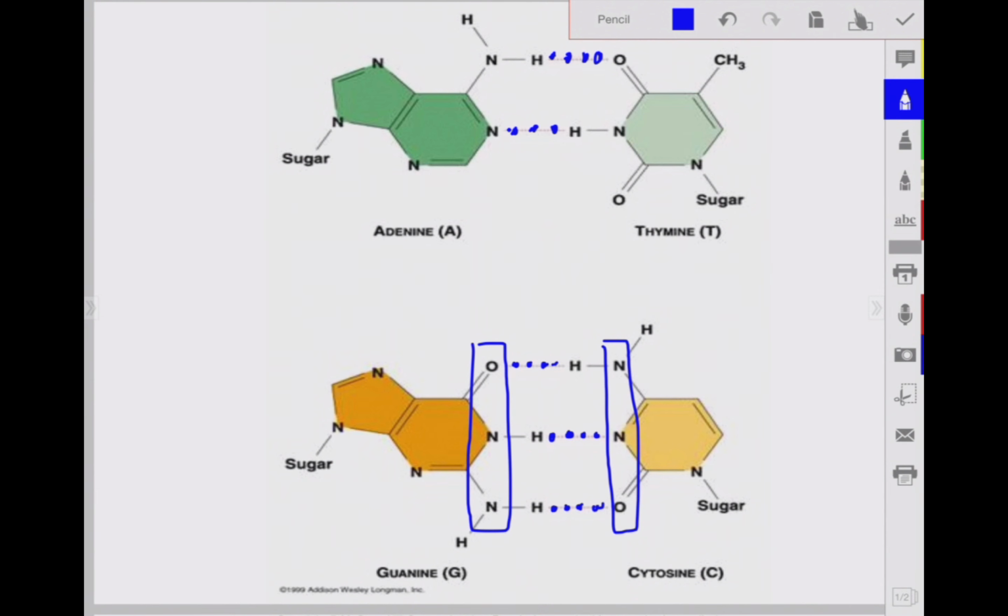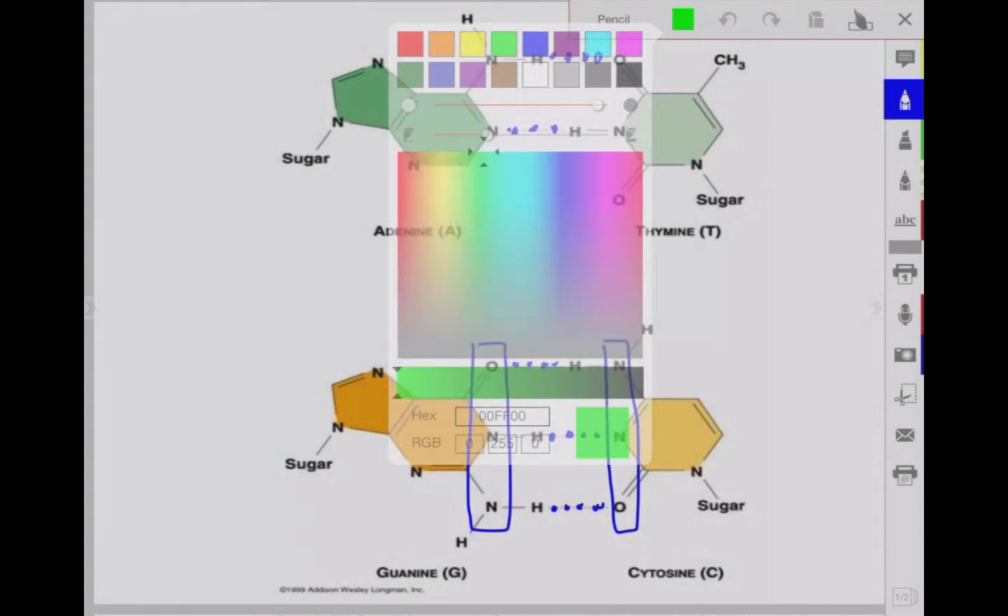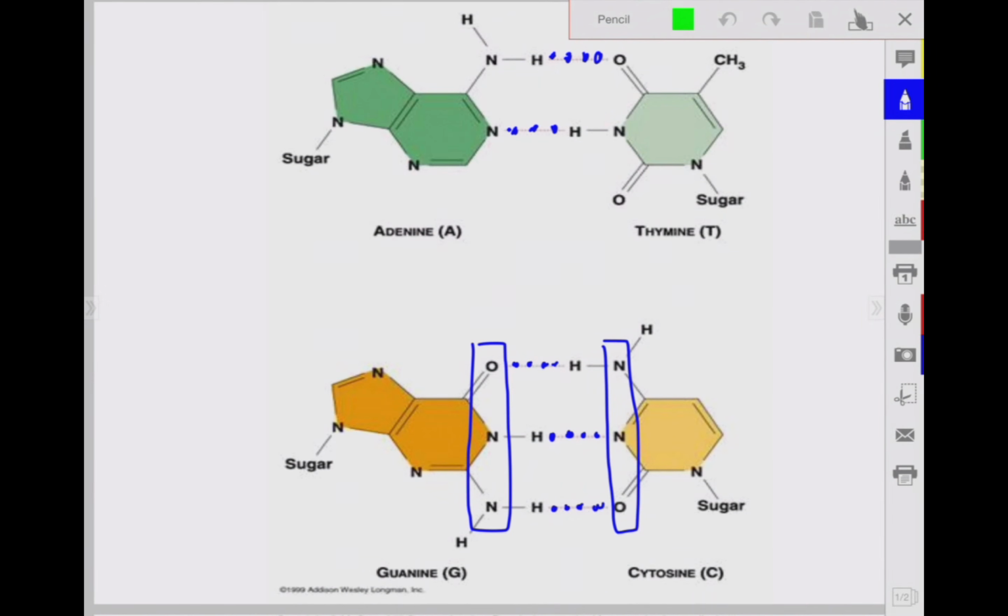Well, we'll study in the next chapter, it unwinds and becomes this really long ladder. We open up sections of it, and it is absolutely vital that we be able to disrupt these bonds and reform them. Let's grab a nice green color. We need to be able to get in here and pull this apart and read one side or the other.